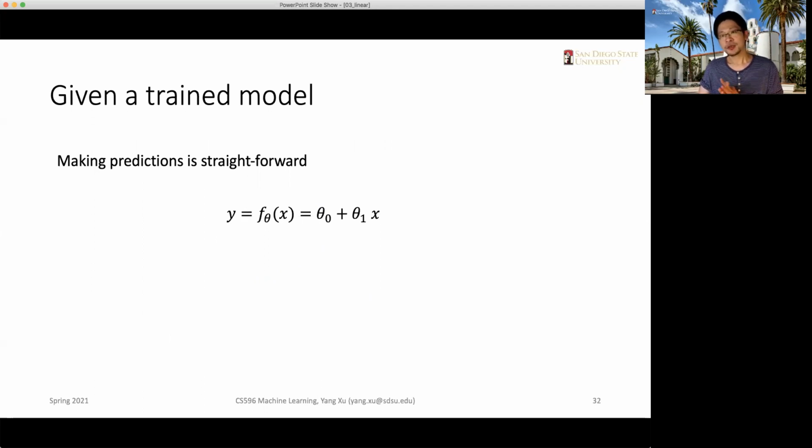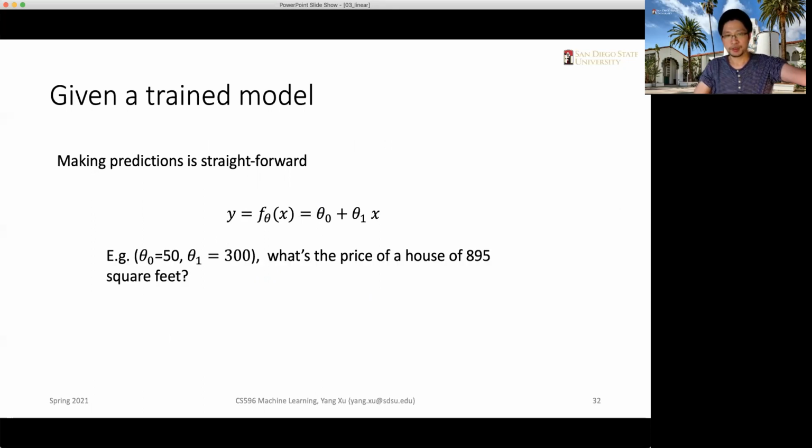Okay, so assume that we have already trained theta0 and theta1, then we will be able to make predictions quite easily. Like we can simply use these parameters directly, like theta0 equals 50 and theta1 equals 300. So the price for a house of 895 square feet is simply plugging all these numbers into the equation and getting the result. Okay, so that's the layout of how the model looks.